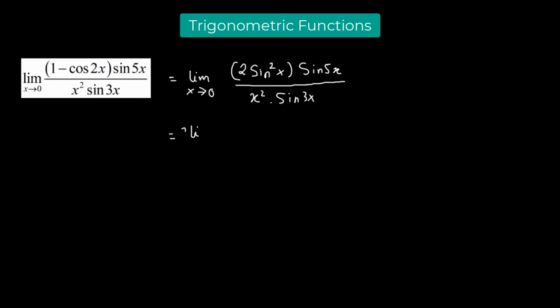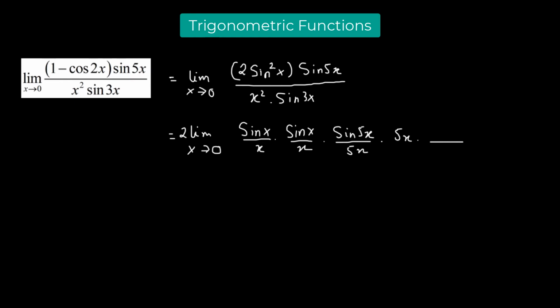So we have 2 times limit of x going to 0, sine x over x multiplied by sine x over x. Then we have sine 5x, which we divide by 5x and then multiply by 5x.